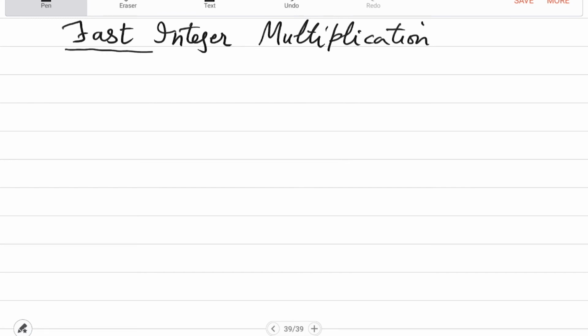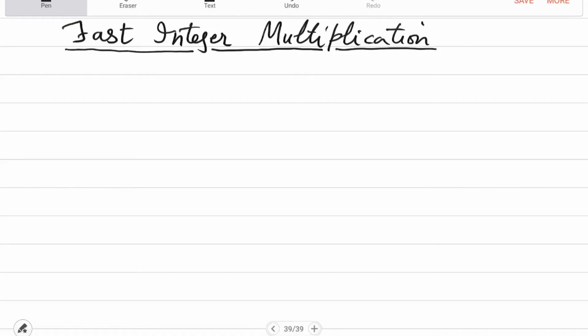Now this fast integer multiplication is an evergreen area. The algorithm that we will see is probably 3 decades old, but even now papers come every few years improving it. So we won't be able to cover the fastest algorithms. We'll just cover one of the fastest. It already gives you a lot of ideas how it is done, but this won't be the state of the art.